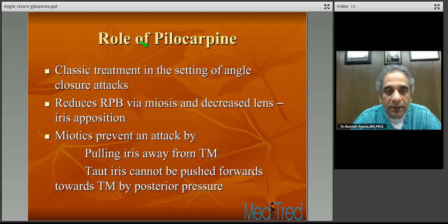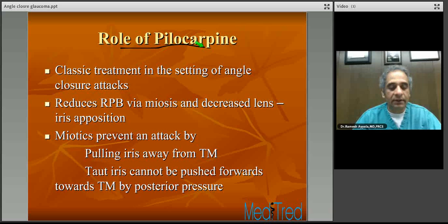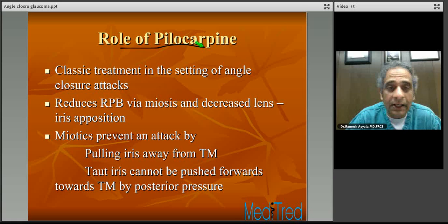Let's go back to the role of pilocarpine one more time, even though I explained it already. Every time I discuss this with my residents, the next day I ask them questions on this. It's almost like goldfish memory. For some reason, they keep forgetting the mechanism of pilocarpine, as to why we use it.